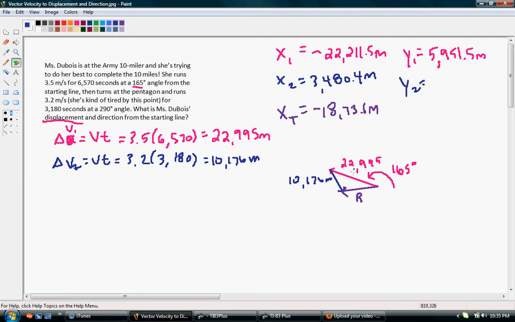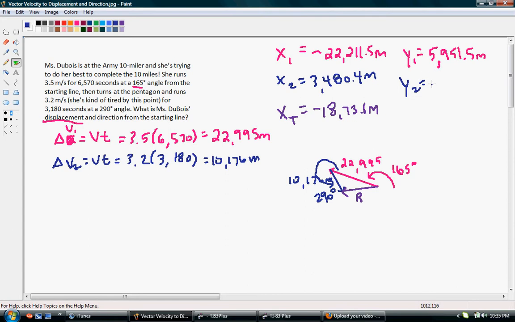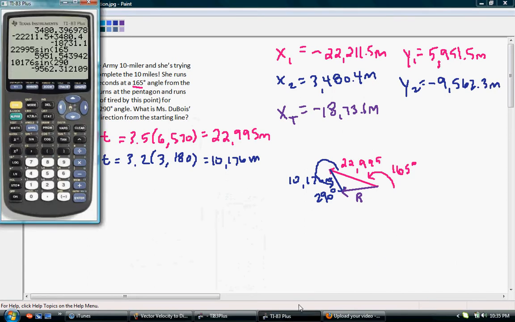Y2 will equal this second hypotenuse times sine of our new angle, 290 degrees. It should be negative because we went down. So 10,176 sine 290, and we get a negative number: negative 9,562.3 meters.